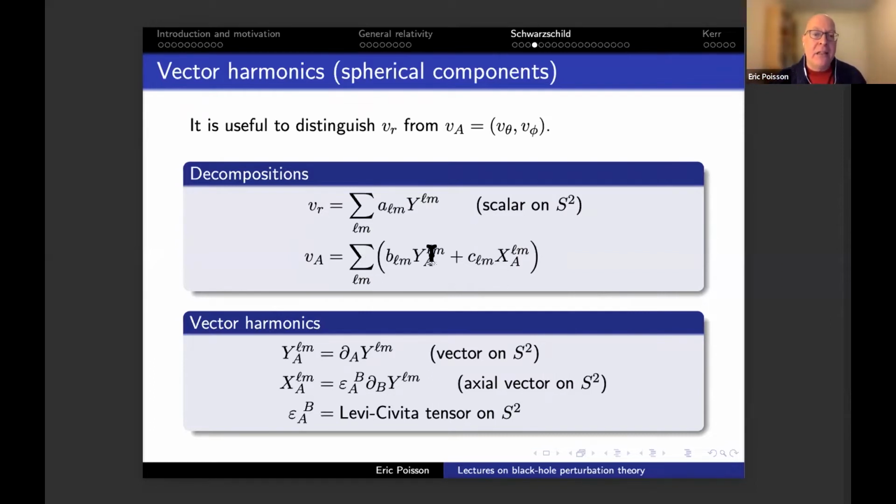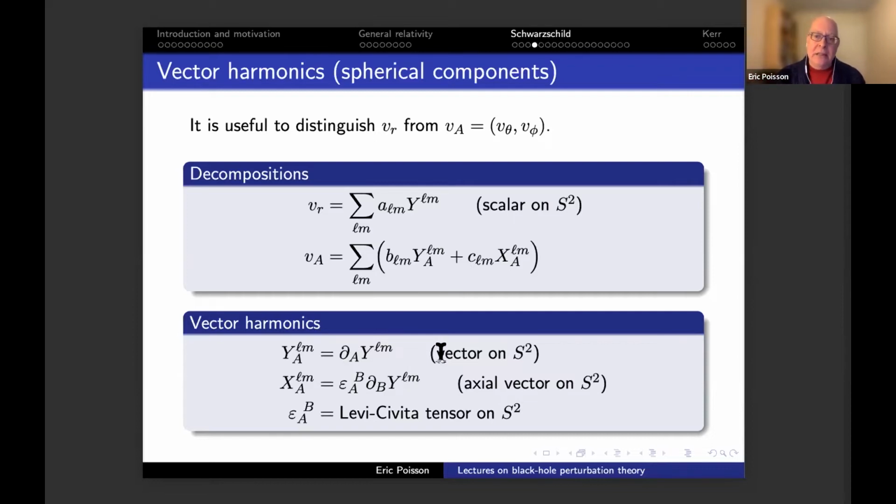And because of that two-dimensional point of view, I will introduce a two-dimensional basis for my vector harmonics on the sphere, the one corresponding to the pure vector and the one corresponding to the axial vector construction as seen previously, but re-expressed slightly differently. So nothing to worry about. That's the same thing, but packaged a little bit differently.